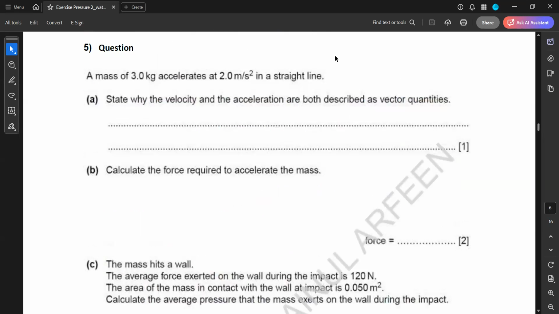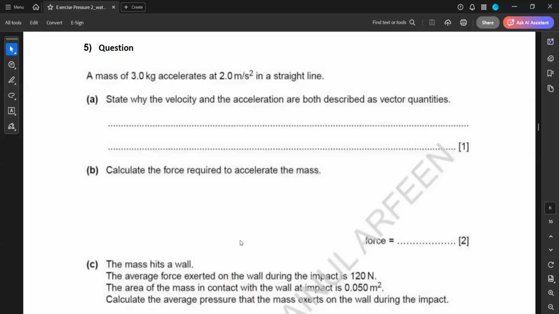Question 5. No, sir, I just want to confirm my answer. It said state that velocity and acceleration are both described as vector quantities. So I wrote, velocity and acceleration are described as vector quantities because they both have magnitude and direction. Is my answer correct? Yes, right.